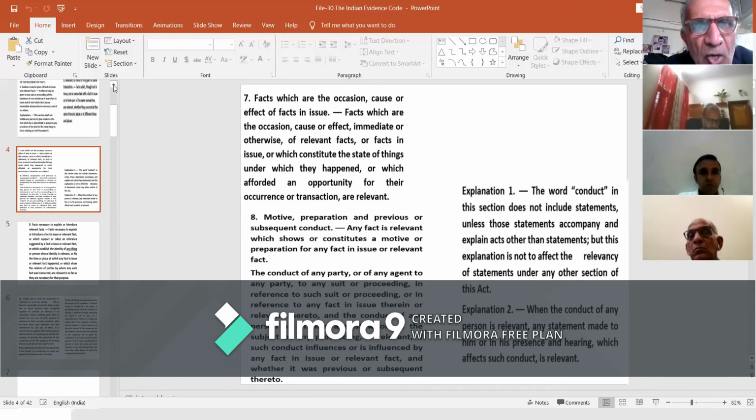Facts which are the occasion, means if fact B arises out of fact A, or is the cause, if fact B is the cause of fact A, or if fact B is the effect of cause A, immediate or otherwise, of relevant facts or facts in issue, or which constitute the state of things under which they happened, or which afforded an opportunity for their occurrence or transaction, are relevant.